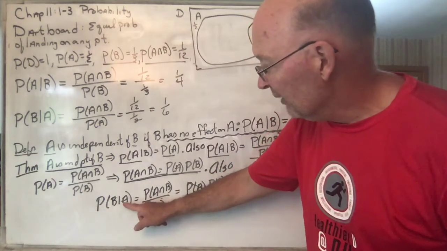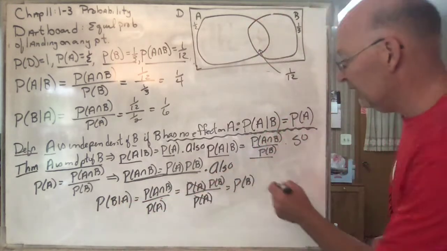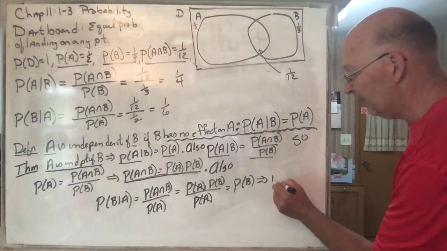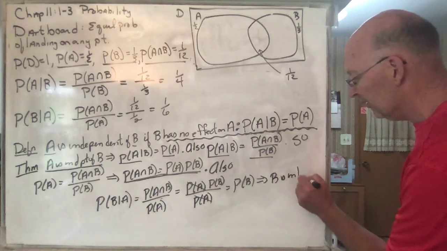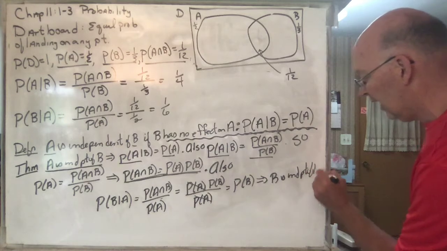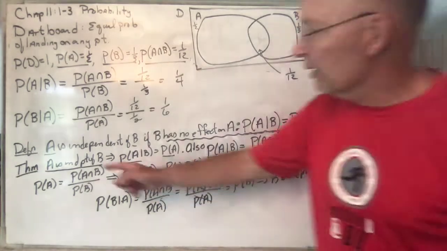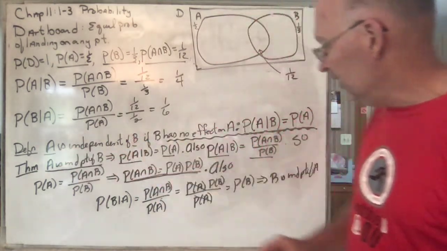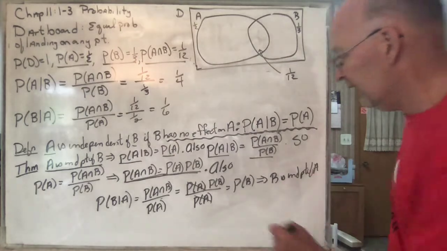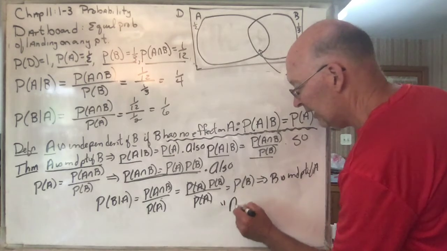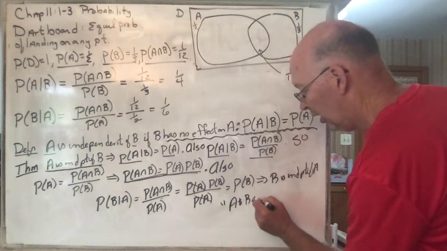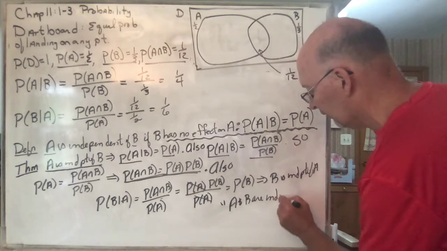And so that means that B is independent of A. And so what did we conclude? If A is independent of B, then B is independent of A, and so we just sometimes say A and B are independent of each other.